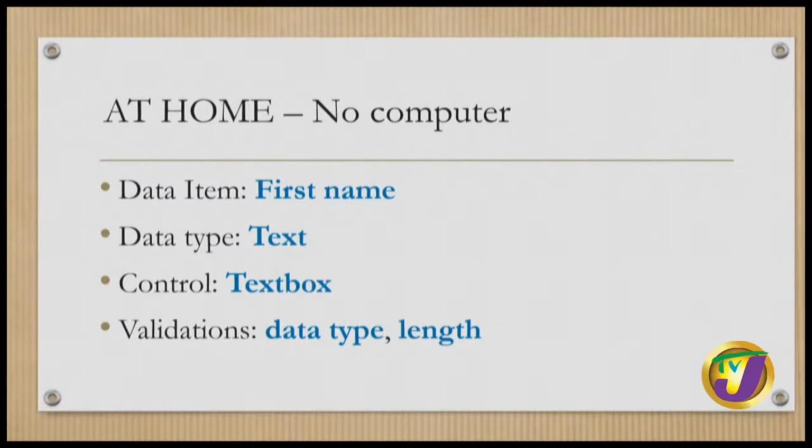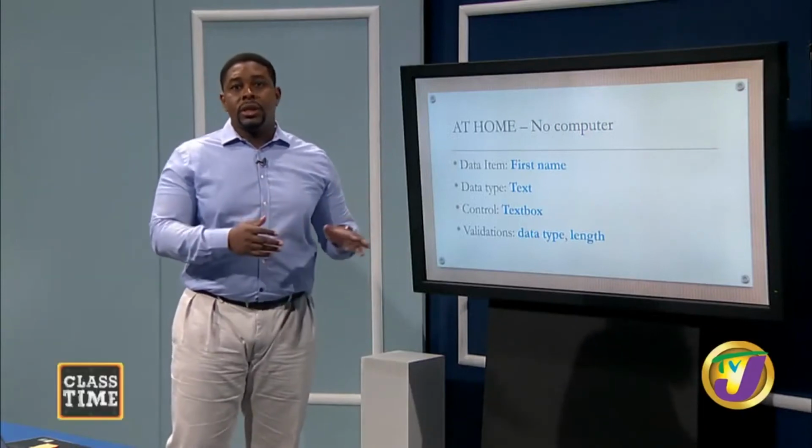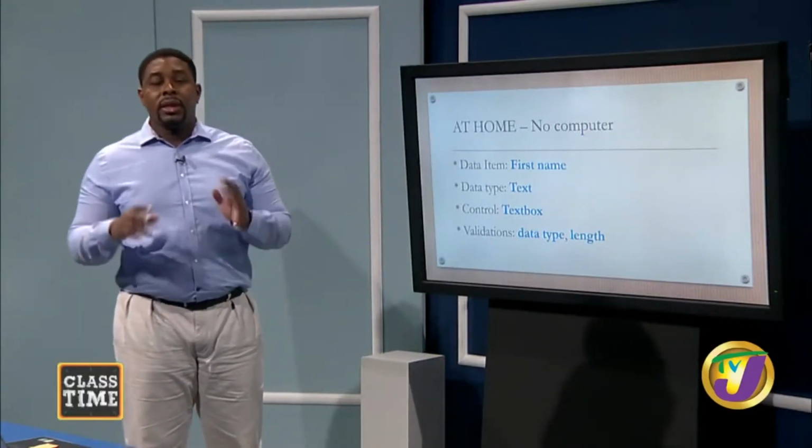The data type is definitely going to be text. The control is a text box, and maybe you'd want to put down what kind of validation you are thinking of using. This can help you so that when you actually get the chance to create the form, you already have this documentation and you'll just sit and complete it easier.